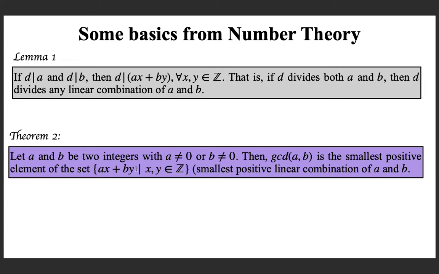So please remember what theorem 2 is saying: the GCD of A and B is the smallest positive linear combination of A and B.